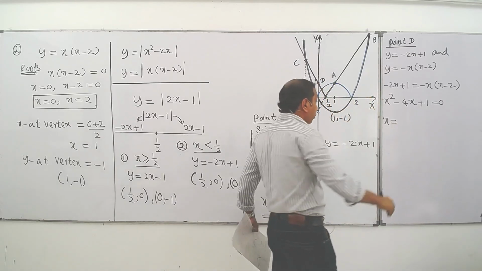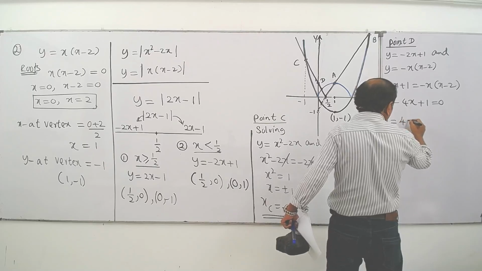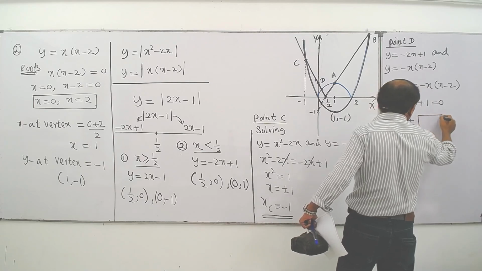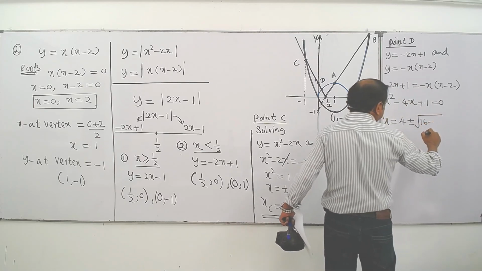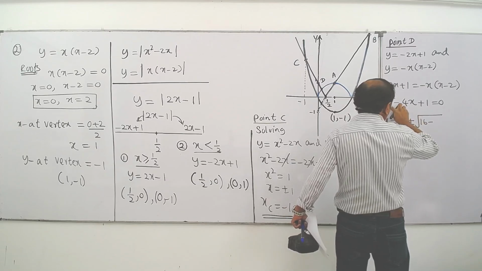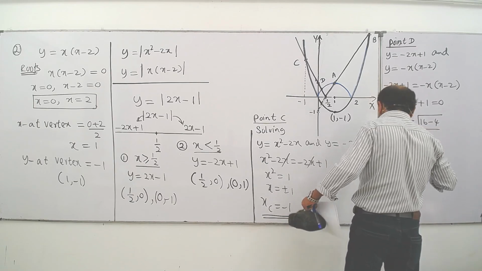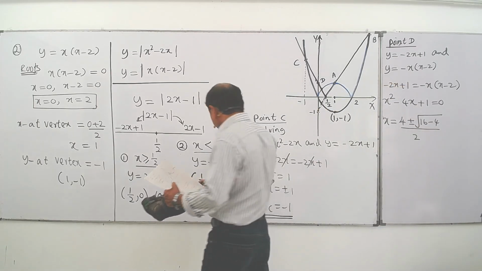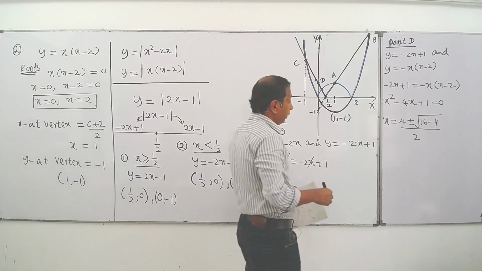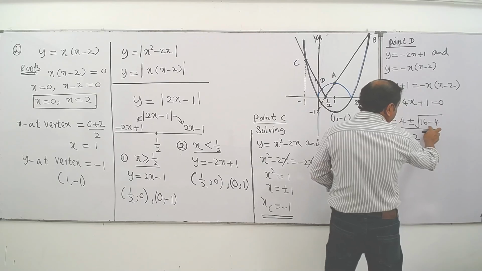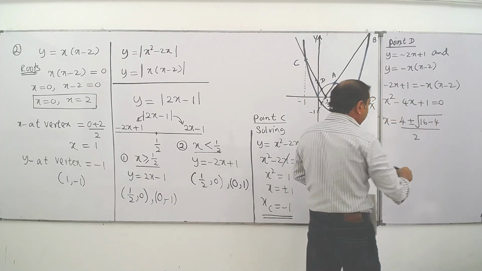x equals minus b plus or minus the square root of b squared minus 4ac, all divided by 2a. Okay. Then I can take here 16 minus 4, that is 12. 12 means 4 root 3.